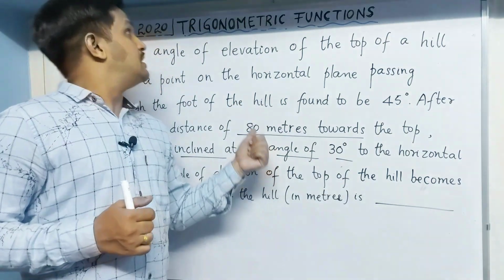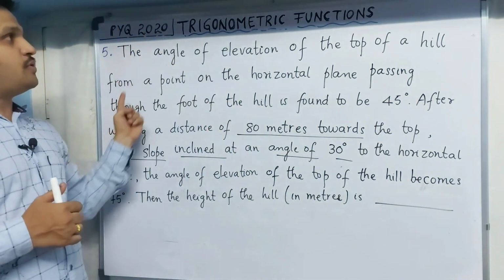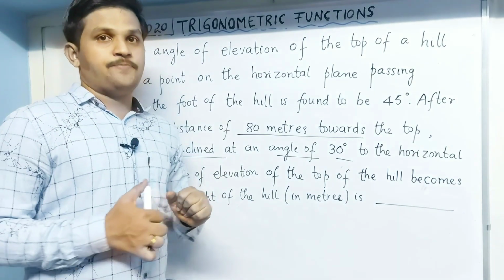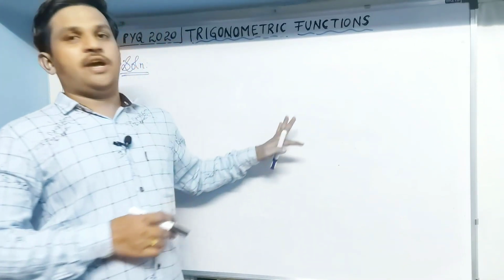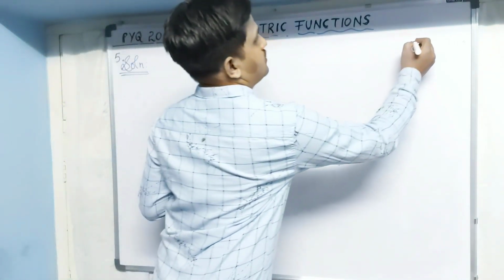So this is a numerical value based question. In 2020, there was one numerical value based question from trigonometric functions. So let's solve it. Now look at the pictorial representation of this question. What is given?